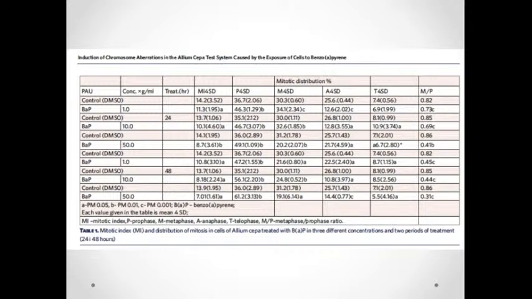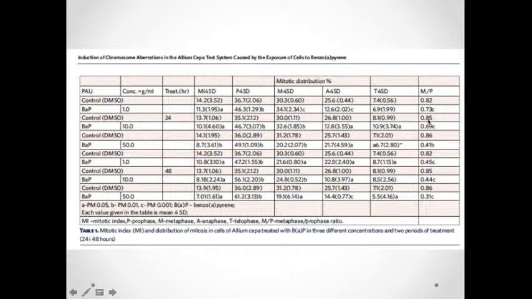Here MI is your mitotic index, P is prophase, A is anaphase, and M by P is the metaphase to prophase ratio. What you can see is, as compared to the control, everything is getting decreased. You can see the metaphase to prophase ratio.